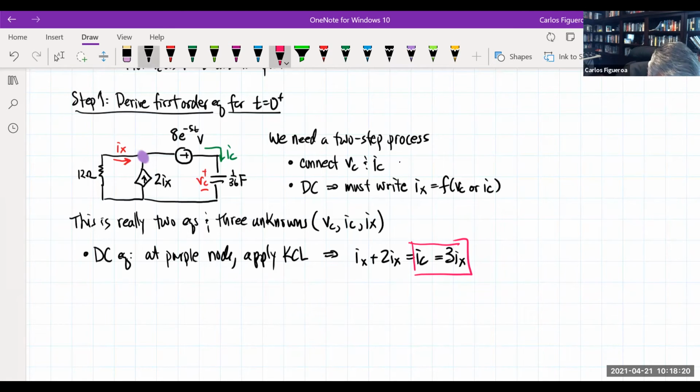So now what I've got to do is connect these guys here. So now I've got to connect VC and IC.